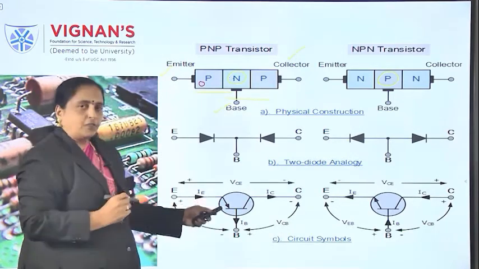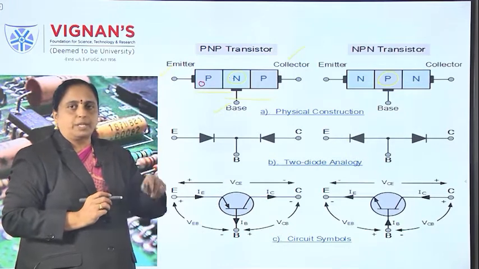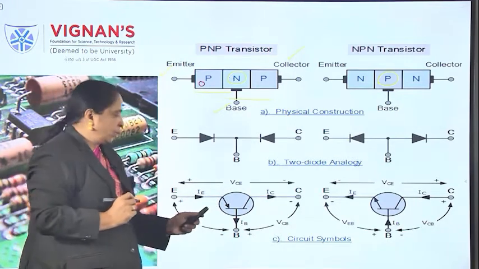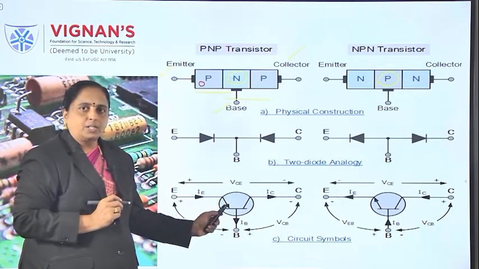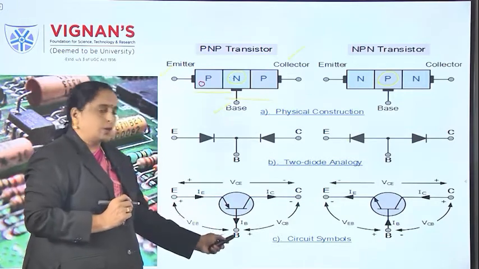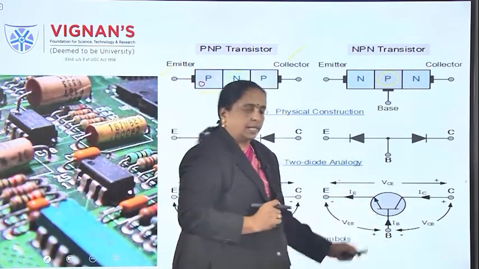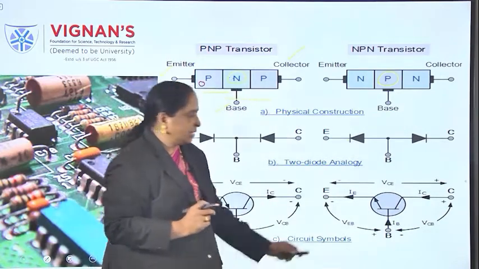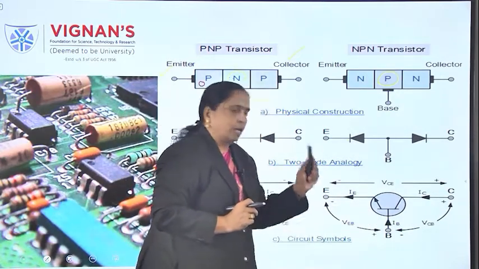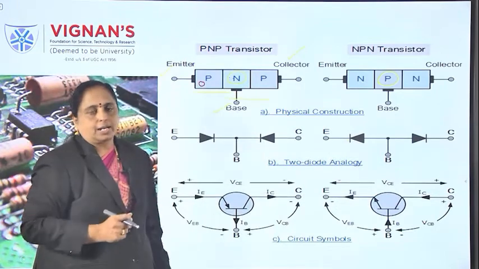Okay, so after the completion of the working of a PNP or NPN transistor, you can understand why the arrow is showing from emitter to base. If you see the NPN transistor, the direction of holes movement is from base to emitter. So after the working you can understand.